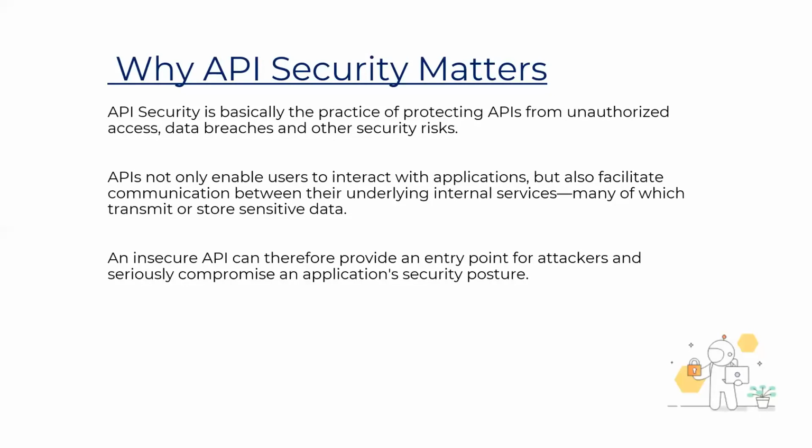An insecure API can provide a lot of risk: entry point attacks, database spoofing, different kinds of things. It puts attackers in a very happy mood to be able to bamboozle and mess around with your product.